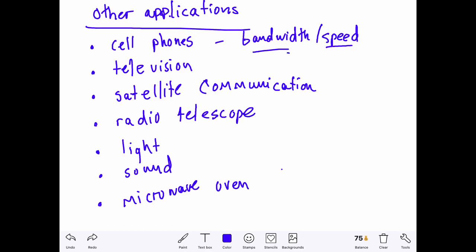Your speed depends on how much information you can include in the signal, aka your bandwidth. Or television, satellite communication, a radio telescope to let us see into outer space.